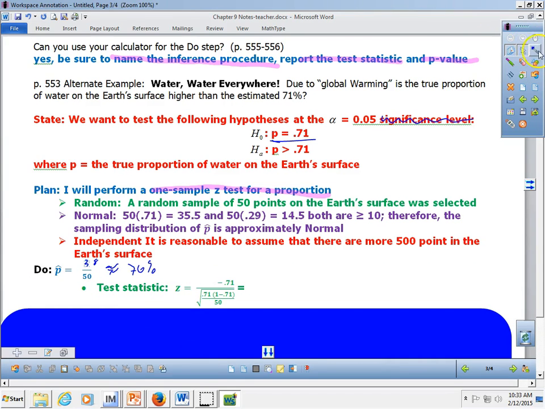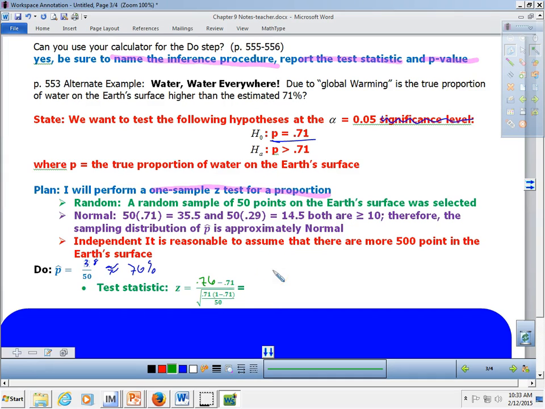So it's a Z. It looks like a Z-score, sounds like a Z-score, feels like a Z-score, so it must be a Z-score. And so we want to make sure we're using our proportion in terms of a decimal. Okay, so 0.76 minus 0.71 all over the square root of, again, P times 1 minus P divided by sample size, right?